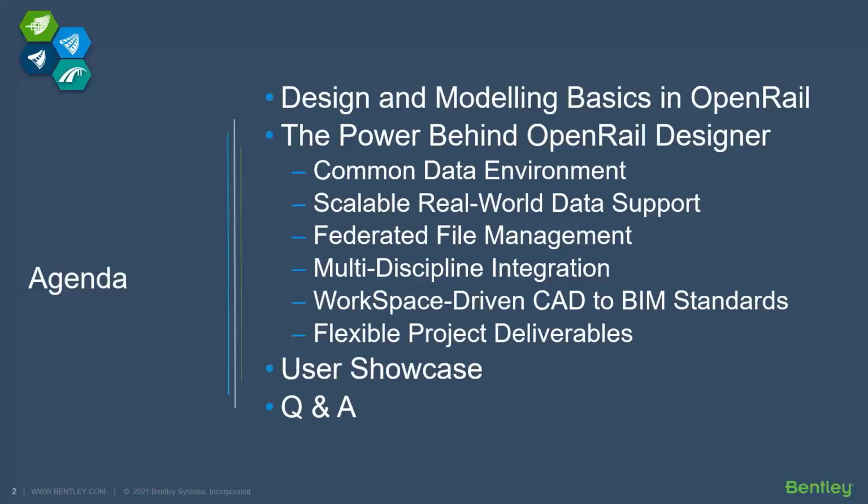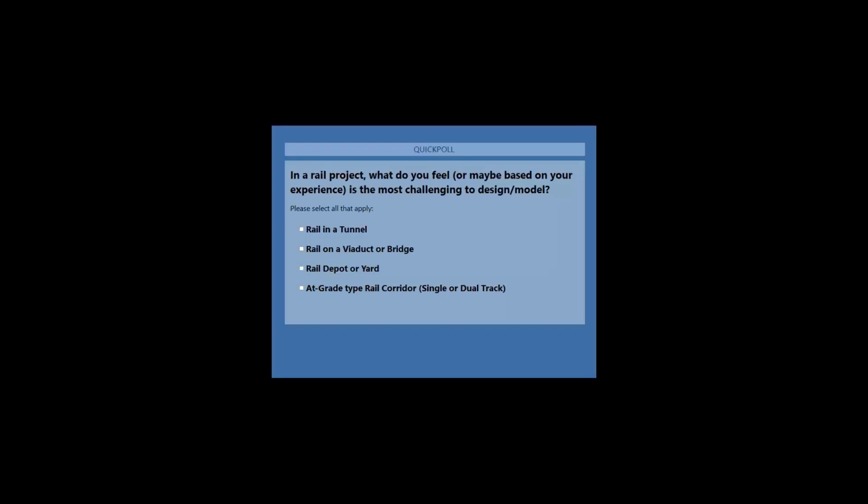Now, one last poll question before I finally start. In a typical rail project, what do you feel, based on your experience, is the most challenging to design or to model?